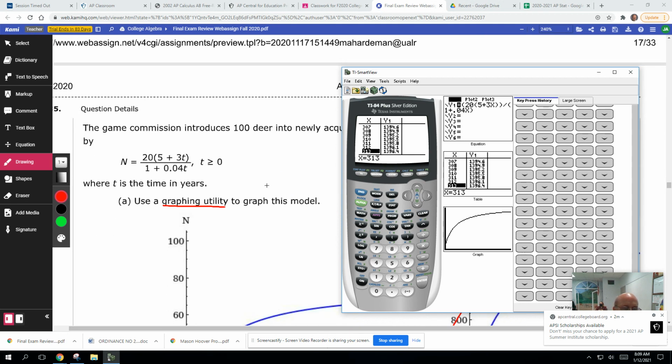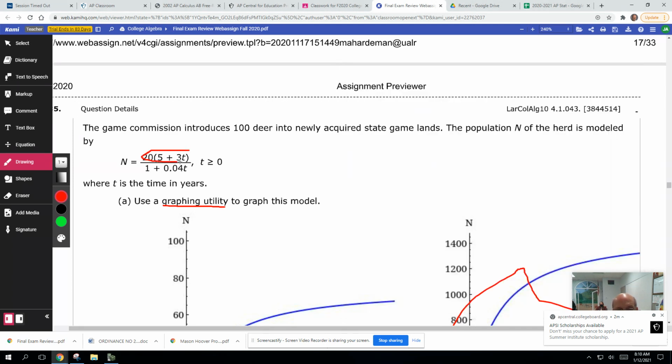Let's look at it a different way. This is going to be the horizontal asymptote of the function. So if we look at this, we have a first degree polynomial on top, a first degree polynomial on the bottom. If we distribute that 20, we would get 100 plus 60t on top, and we have 0.04t plus 1 on the bottom.